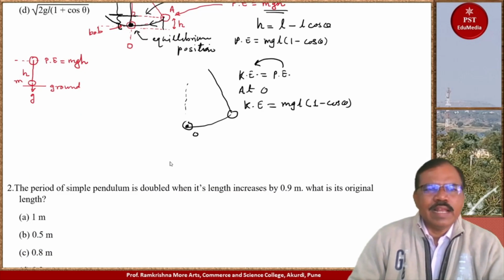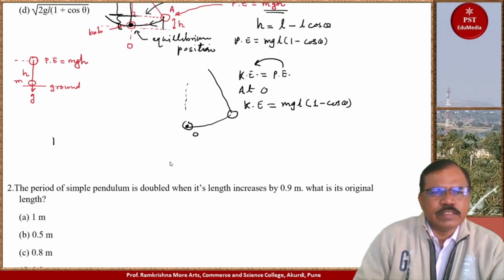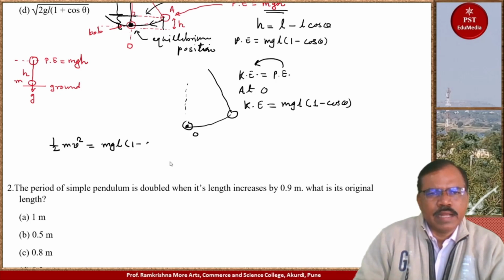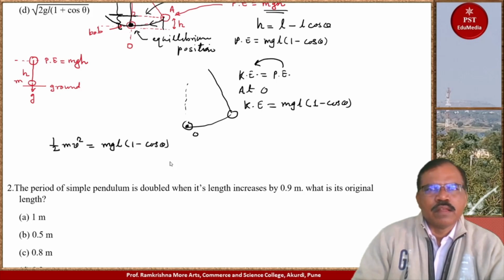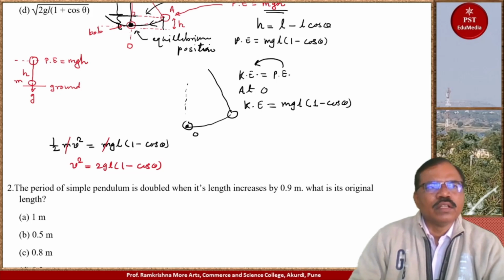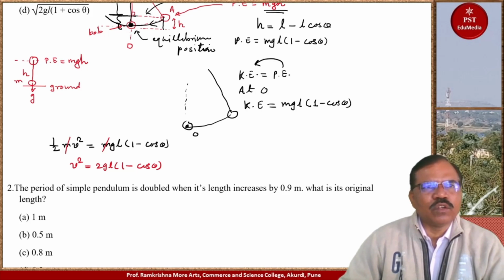And we know kinetic energy is 1/2 mv squared. So 1/2 mv squared is equal to mgl (1 minus cos theta). Now this m will cancel, so v squared is equal to 2gl (1 minus cos theta), and v is the square root of that.